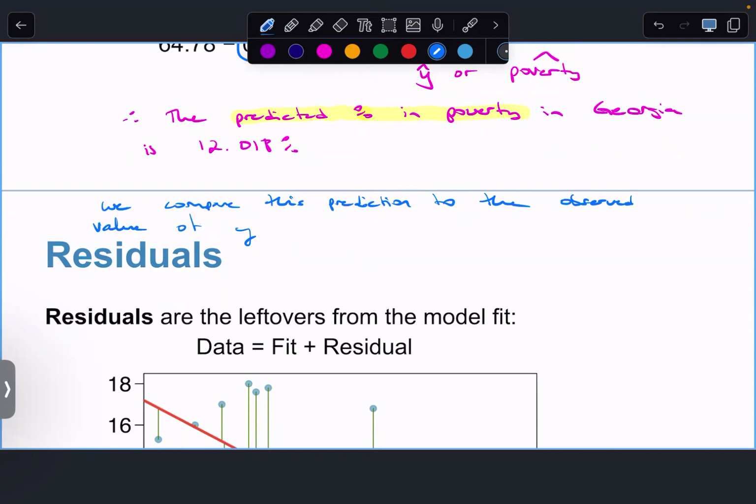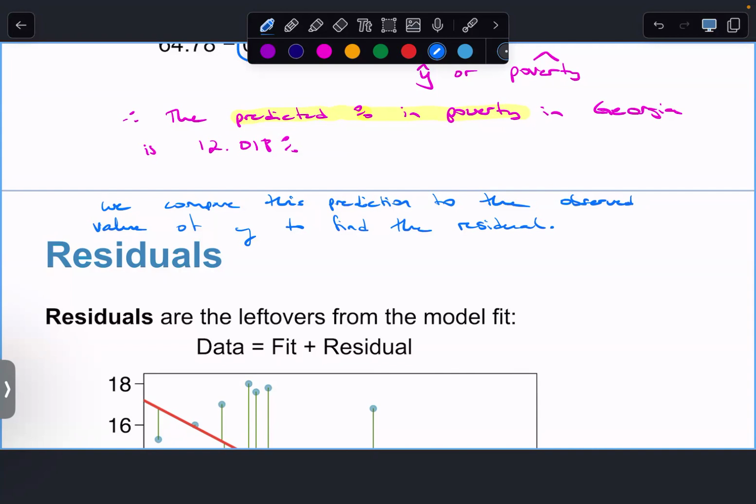So we compare this prediction to the observed value of y to find the residual. It's called the residual. And remember when we just had a scatter plot and we thought about how to fit a line of best fit, you wanted to minimize those distances between the line and the points.